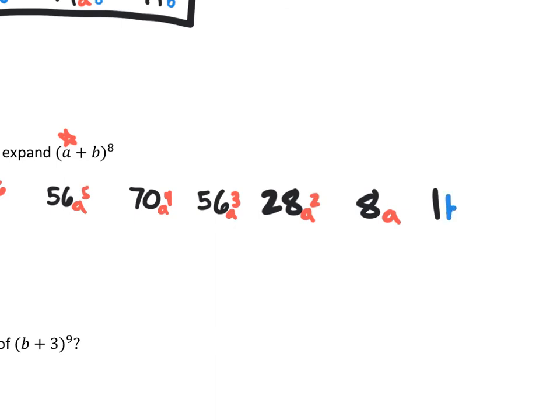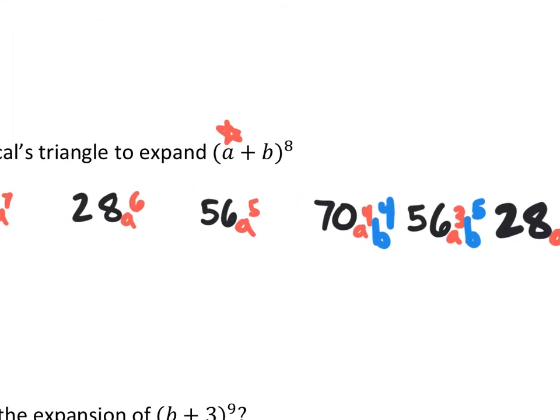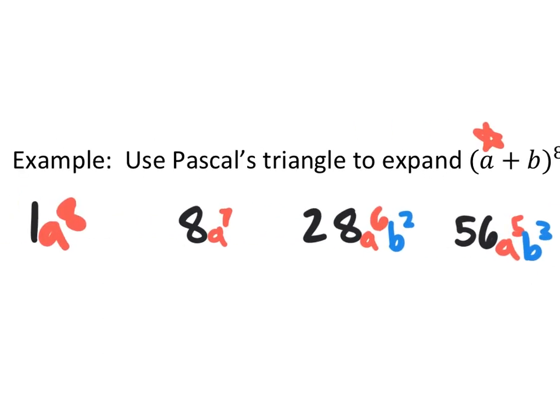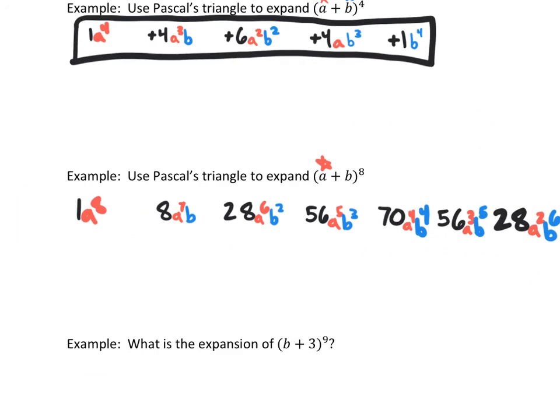Then we start with b on the right, b to the 8th, b to the 7th, b to the 6th, b to the 5th, b to the 4th, b cubed, b squared, b.